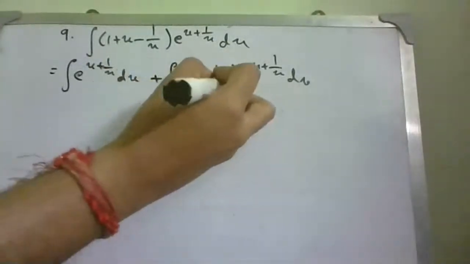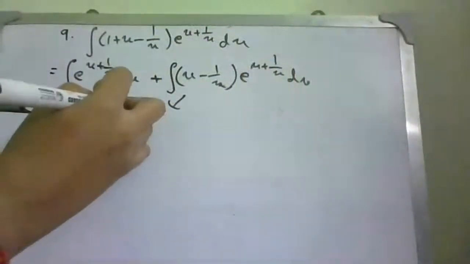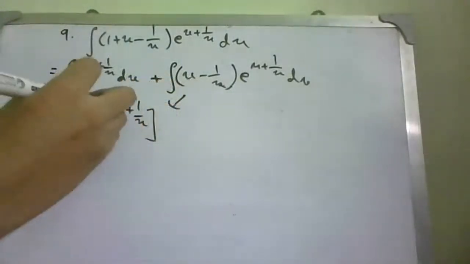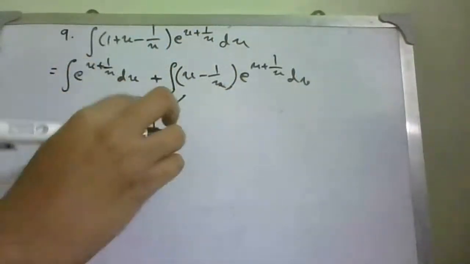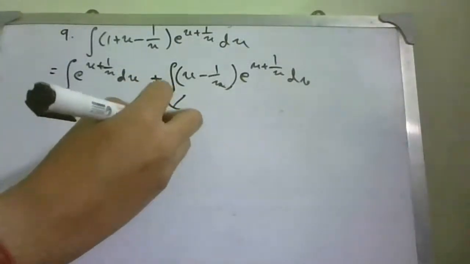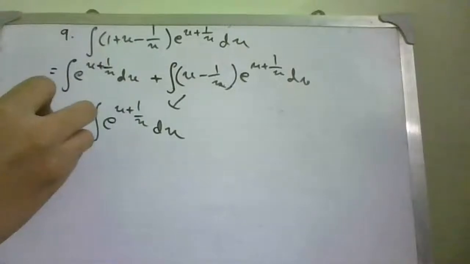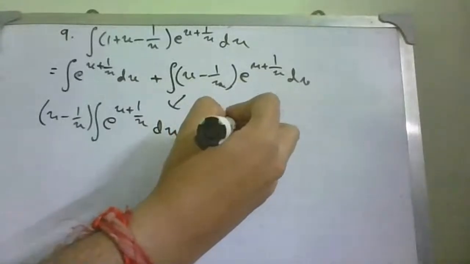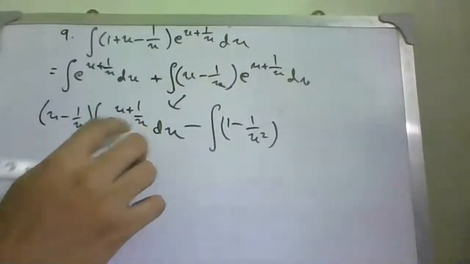So what we can basically do, let's apply by parts over here. So this is the second function. This is the integral times x minus 1 over x, minus integral of 1 minus 1 over x square times integral of this.